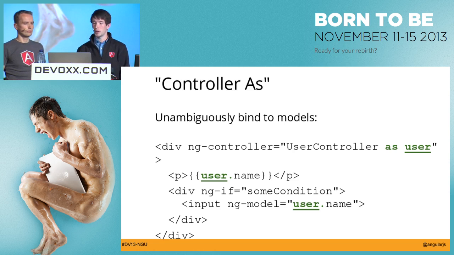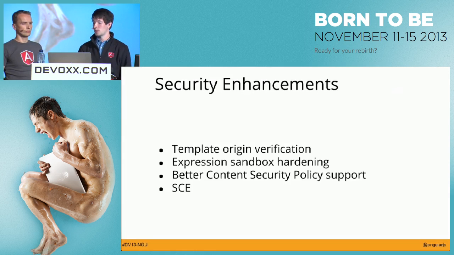And then when we want to change this user.name, we can be explicit and say we want to change the name property of user and not some other one. So then this works inside of this ngIf, because inside of ngIf there is no user property, so it goes up one scope and sees, aha, user controller is exposed as user, I'm going to write the name property there. And so that really easily solves your problem.